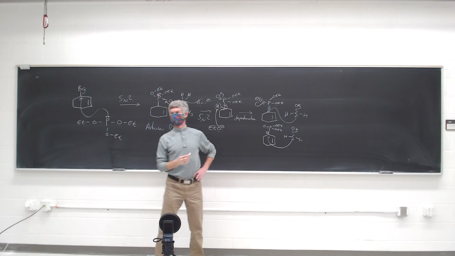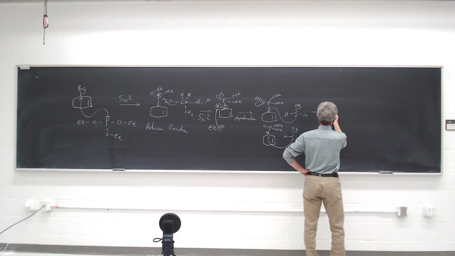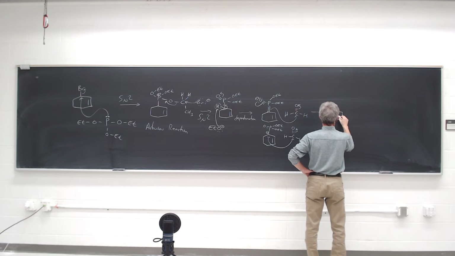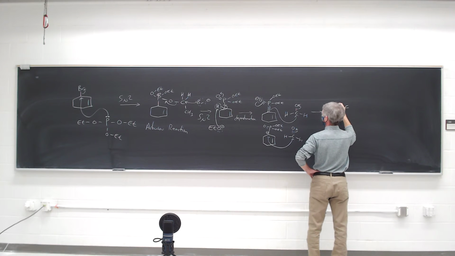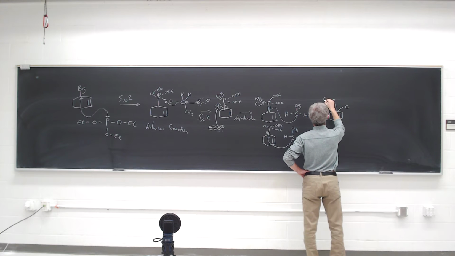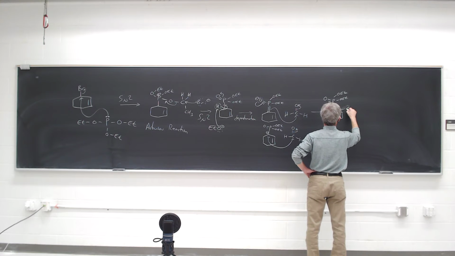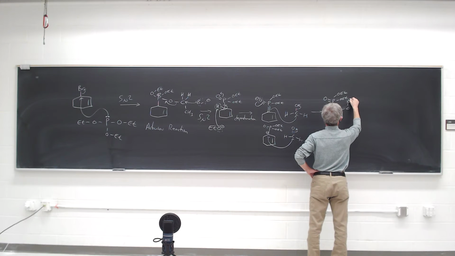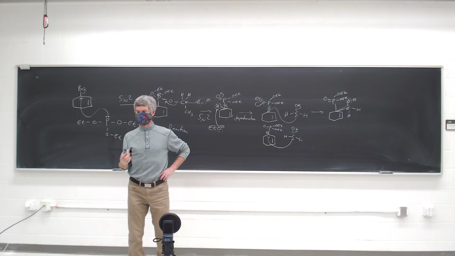Both of those will result in the same product, they're both acceptable. That makes the new carbon-carbon bond. Puts a negative charge on oxygen, which is close to that phosphorus.